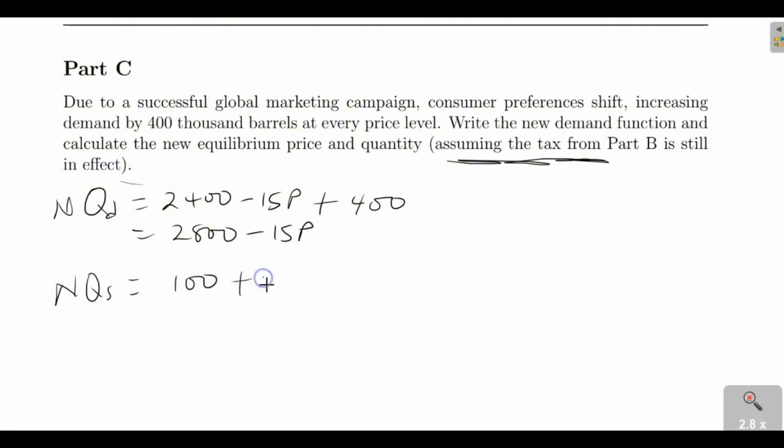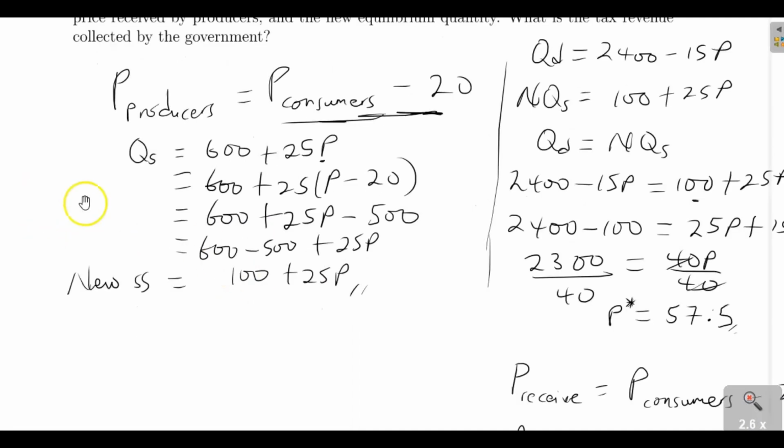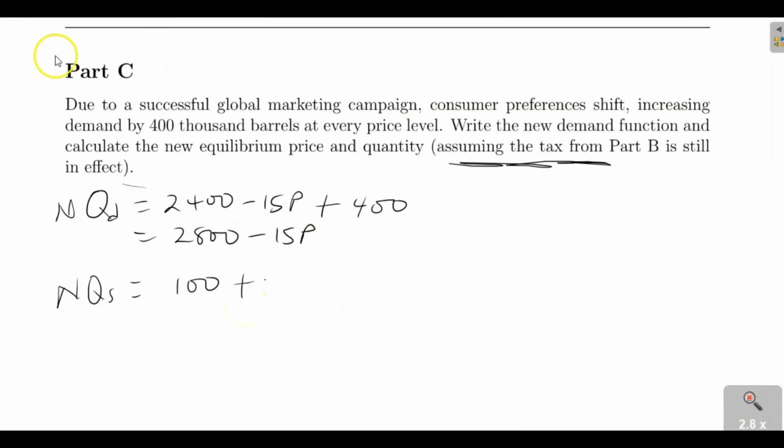Let me go back and check very well. Yes, our new supply function was 100 plus 25p. So this is the supply function when the tax is still in effect.